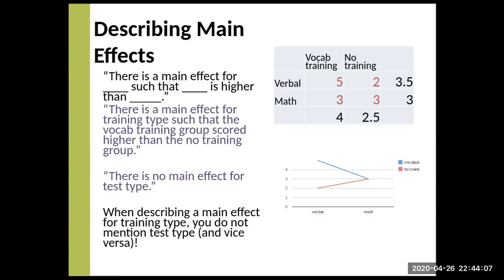So when describing a main effect for training type, again, it's as if test type didn't even exist. And if you are talking about the main effect for test type, it's as if training type never existed. Of course, looking at the graph on the bottom, you would say that there is an interaction, but we're not looking at that right now. Now we're just talking about how to describe the main effect.